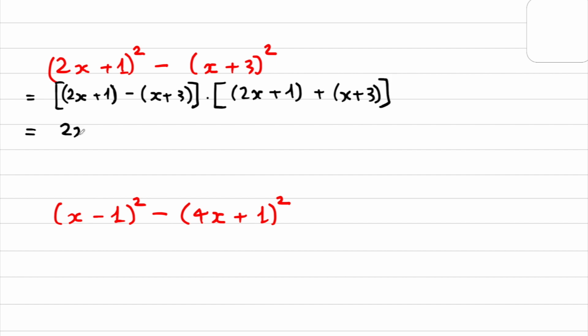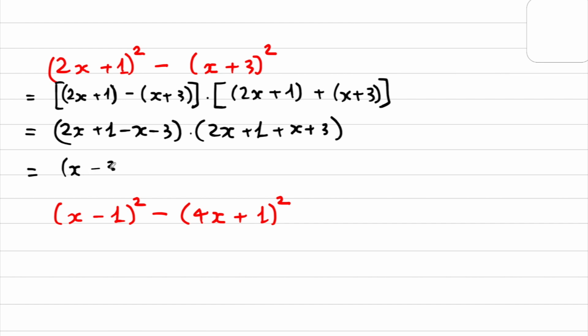And now expand this, you got minus h minus 3. And the next one, 2h plus 1 plus h plus 3. So you got here h minus 2. The next one is 3h plus 4. Yeah, we finished.